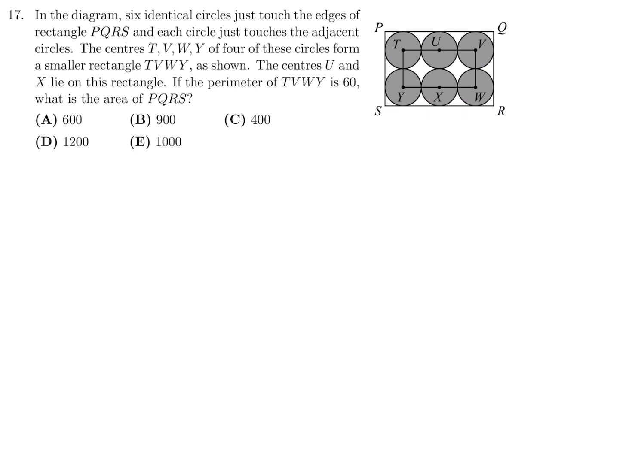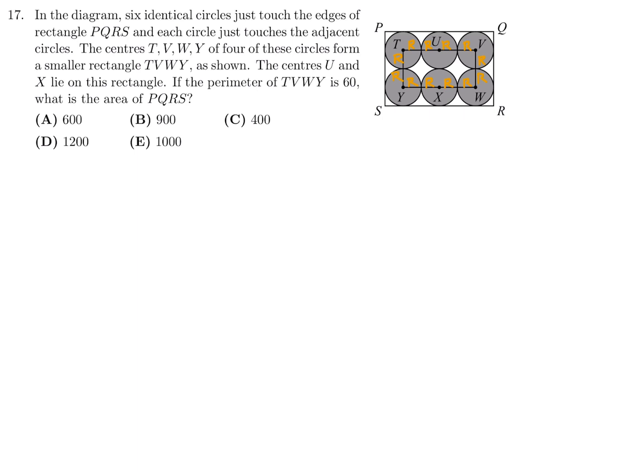All right, well, what I'll do is I'll call the radii R, like that. Each of these is R. So the first thing, of course, is that the perimeter of TVWY is 60. If you count up all the R's, I'll just keep labeling them like that.